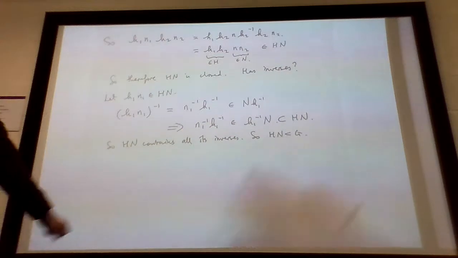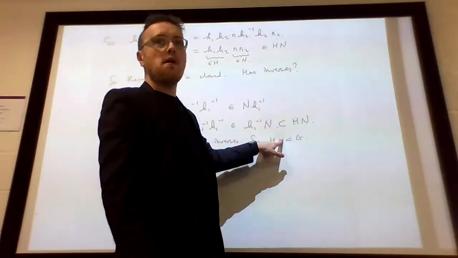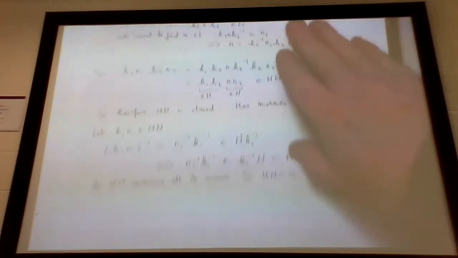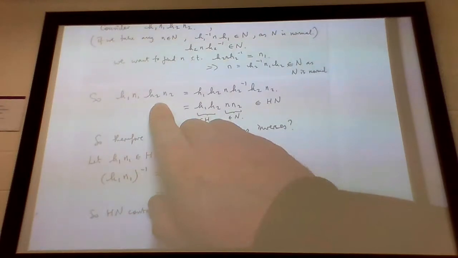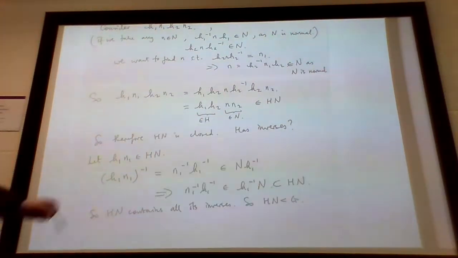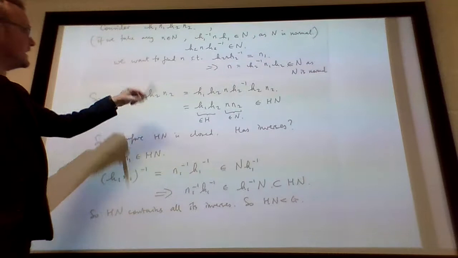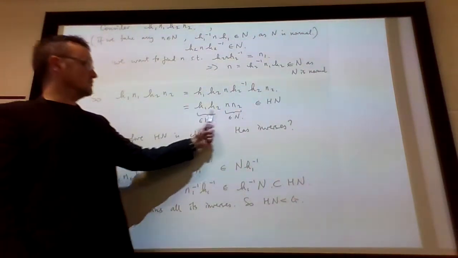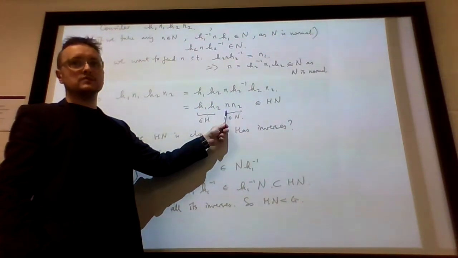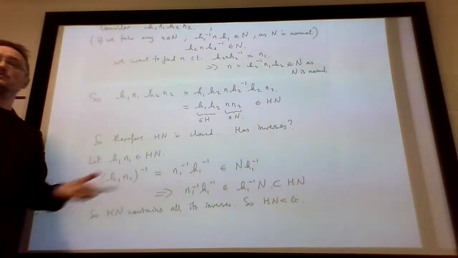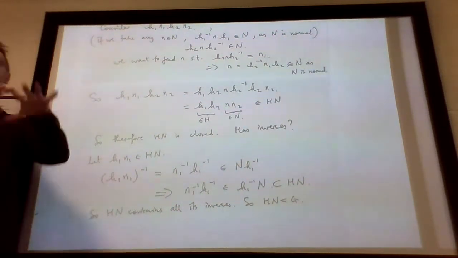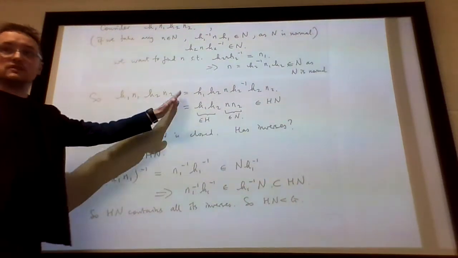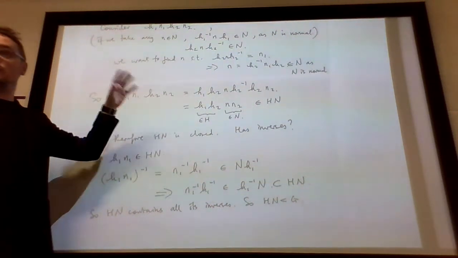It won't be true without the normality of N. Because if you don't know that one of the subgroups is normal, then you'll struggle to prove the closure condition up here. It was only using the normality of N that we were able to fiddle around with this using the conjugation trick and reorganize it as something from H times something from N. If the containing group is abelian, then you're completely free to just shove all the H's to the left and all the N's to the right, so the H times N will be closed.